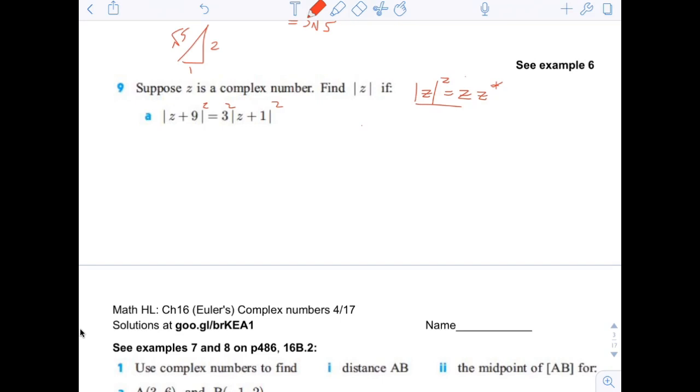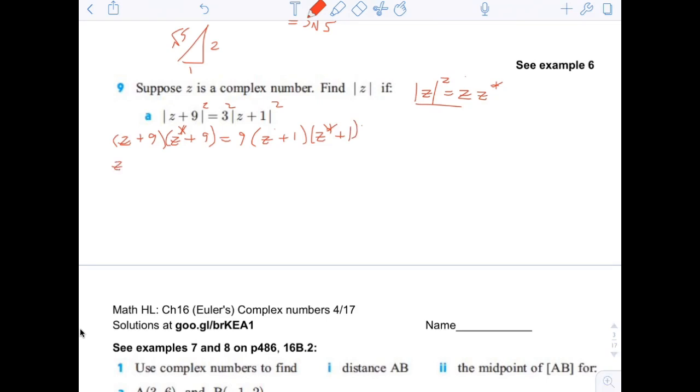So the modulus of z plus 9, squared, is equal to z plus 9 times the conjugate of z plus 9, and that equals 9 times z plus 1 times z conjugate plus 1.